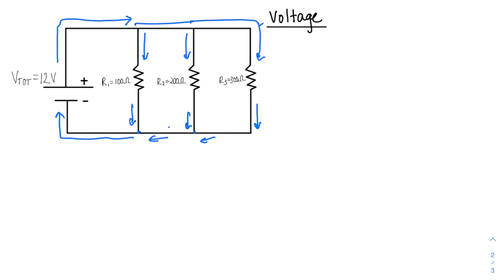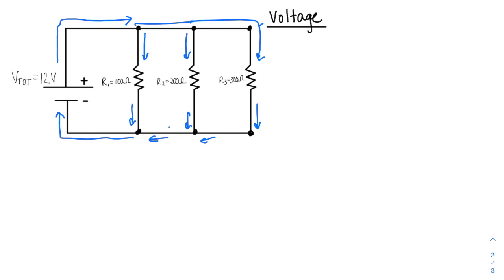The way I want to think about this is going back to the water analogy. Think of these 3 nodes, these 3 dots that I've just drawn, as being at the same height. And the 3 dots down here are also at the same height.